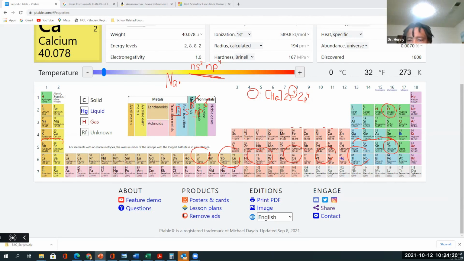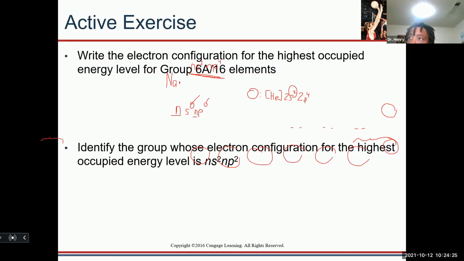Okay, so let's move forward. Okay, so the next one says, identify the group whose electron configuration for the highest occupied energy level is ns2 and p2. So if we go to our periodic table, which group is ns2 and p2?